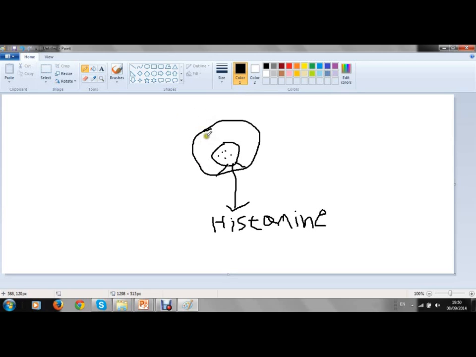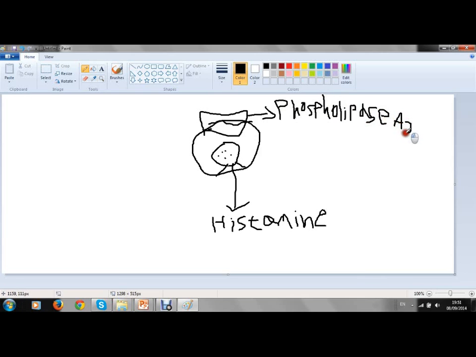And also, afterwards, why is this cell so important? Because the cell membrane contains something that is called phospholipase A2. So when the cell is irritated, there is a certain injury to the cell membrane, and the enzyme phospholipase A2 begins to work.